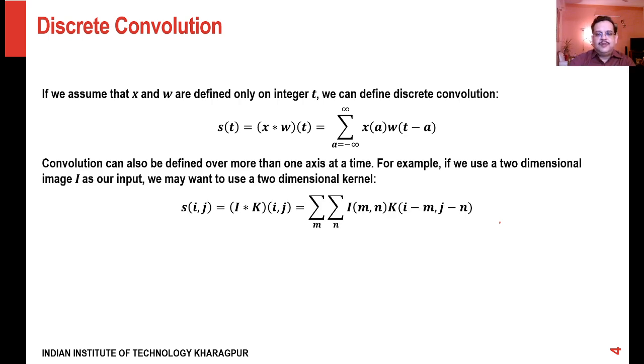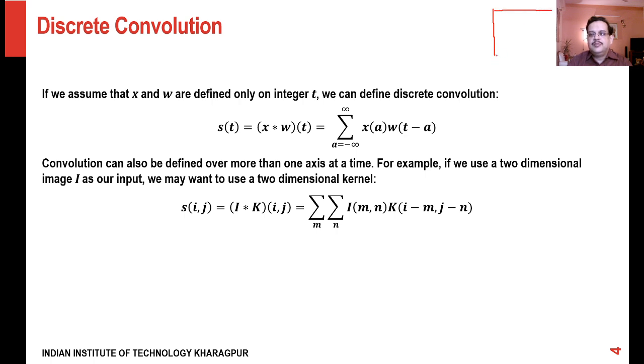It can also be defined over more than one axis at a time. For example, if we talk about a two-dimensional image I as our input, and ij represents a pixel in the image, then I can define a convolutional operator over the pixels of the image.